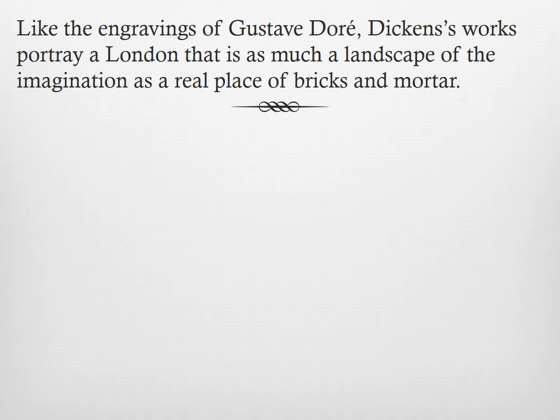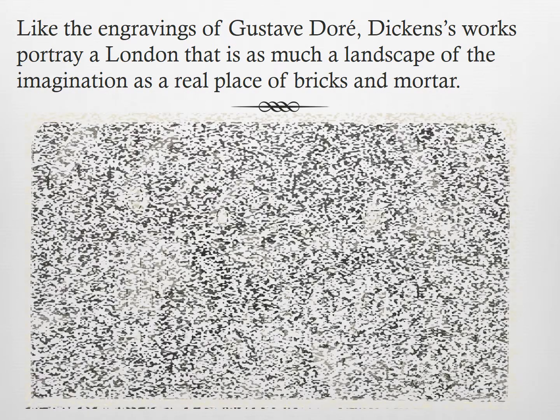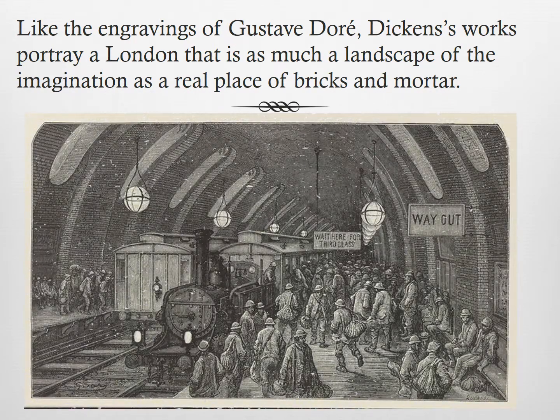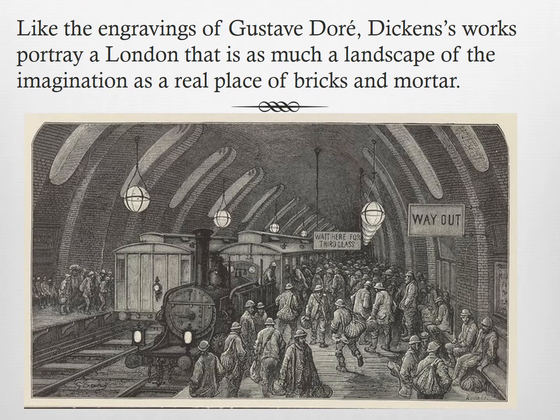It's a London that is a place of real bricks and real buildings. It's a real place, but at the same time, it's a mysterious place. It's a landscape of the imagination. Here we go. Something like this, the underground here.